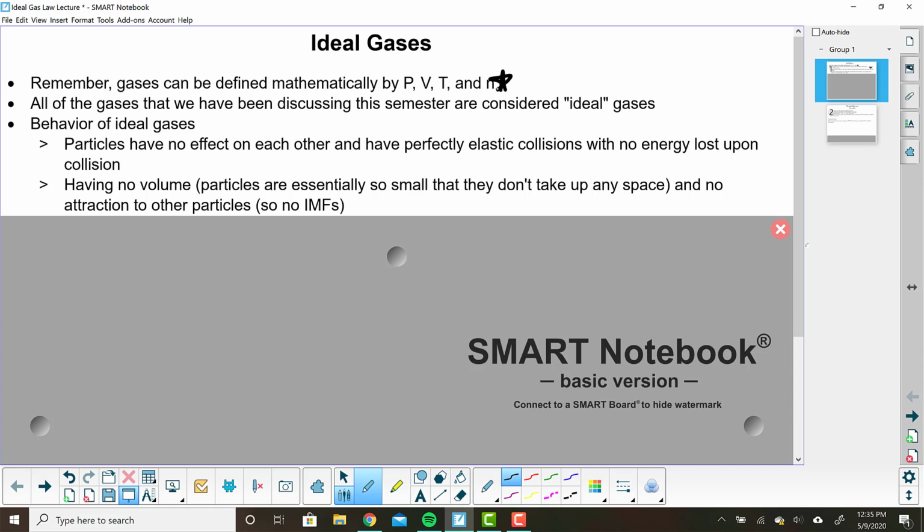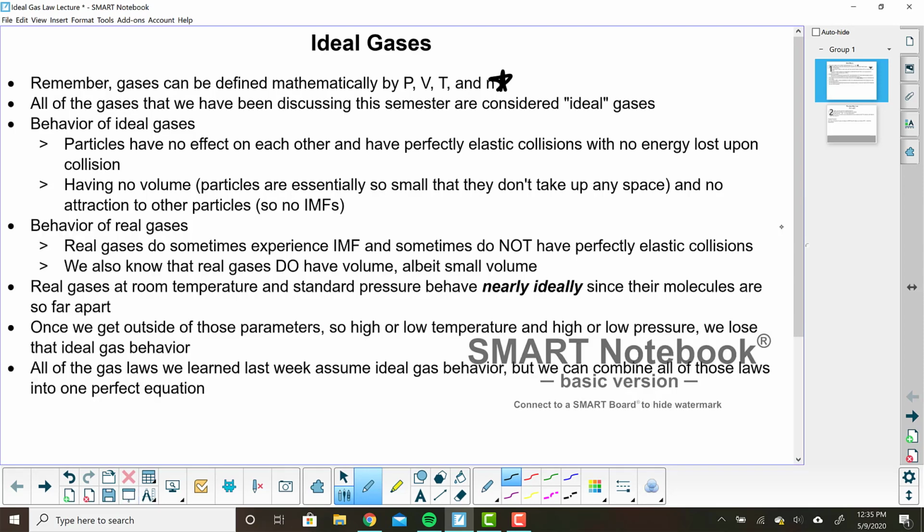We also assume that these particles have no volume, that they're so small that they don't take up any space, and that these particles are not attracted to each other, meaning they don't have any intermolecular forces connecting them. Now, we know that this is an ideal world. That's why we call these gases ideal, because that is not how gases act in real life.